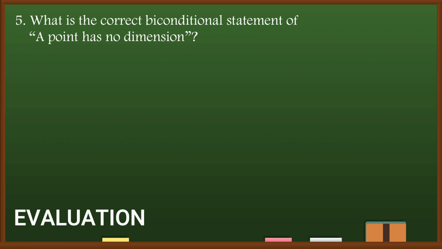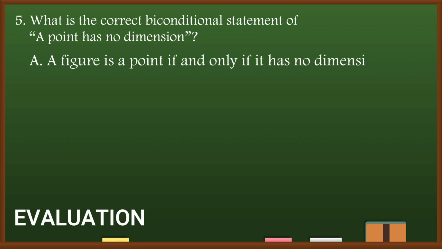What is the correct biconditional statement of "a point has no dimension"? Letter A. A figure is a point if and only if it has no dimension.